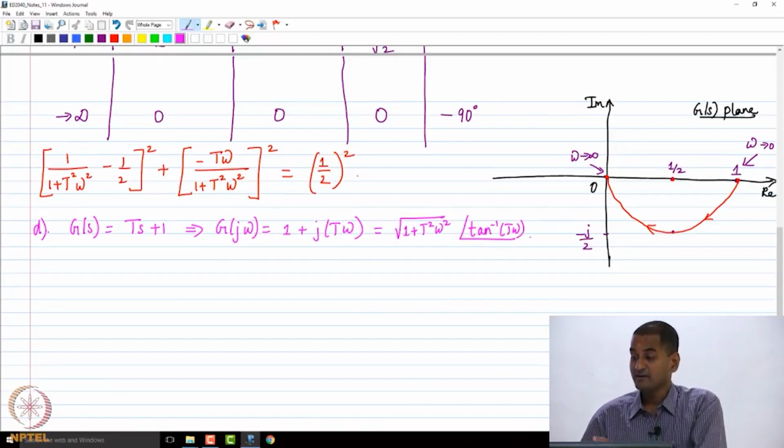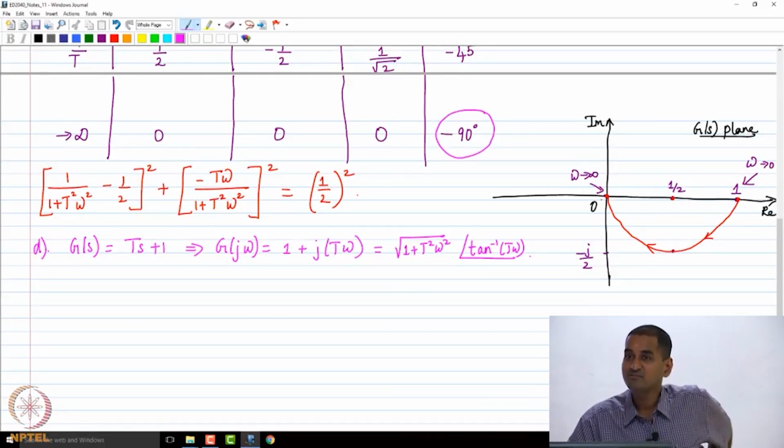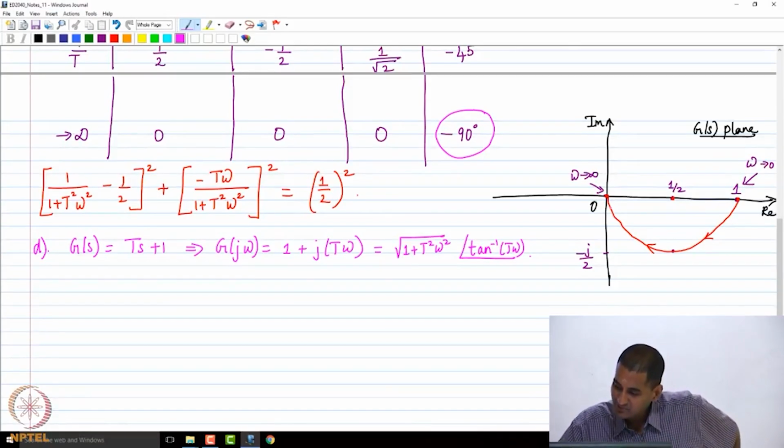By the way, before we go any further, I hope it's clear why this phase was minus 90. If you look at how this Nyquist plot comes to 0, approaches the origin, if you zoom in at the origin, it comes in like this.